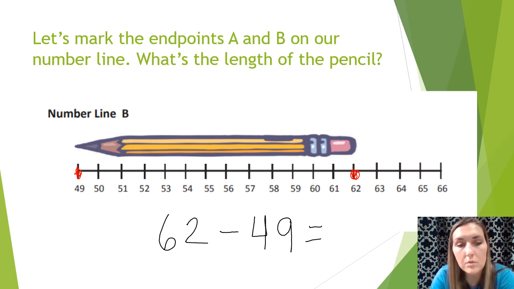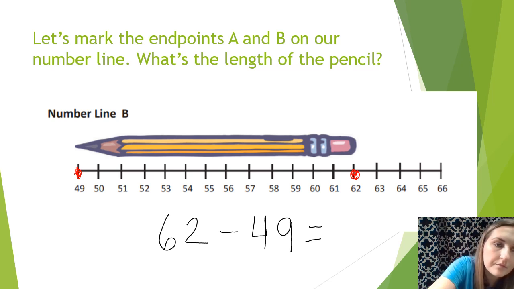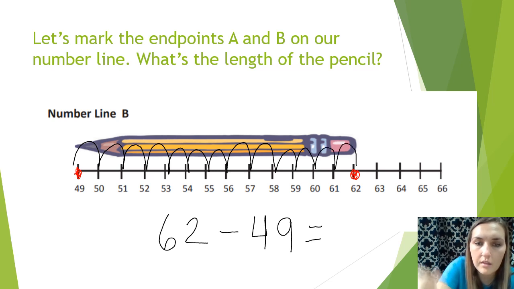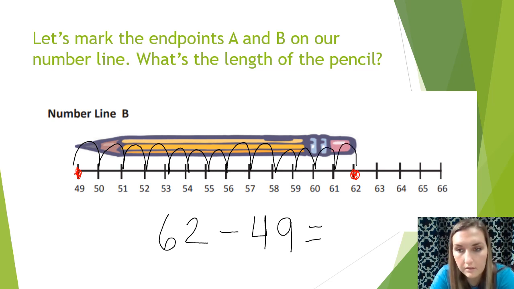I'm going to show you what it would look like if you counted on the number line. 1, 2, 3, 4, 5, 6, 7, 8, 9, 10, 11, 12, 13. I think the length of this pencil is 13, but it gets a little jumbled and messy when I try to do all those jumps. So I'm going to try checking again using my number sentence.